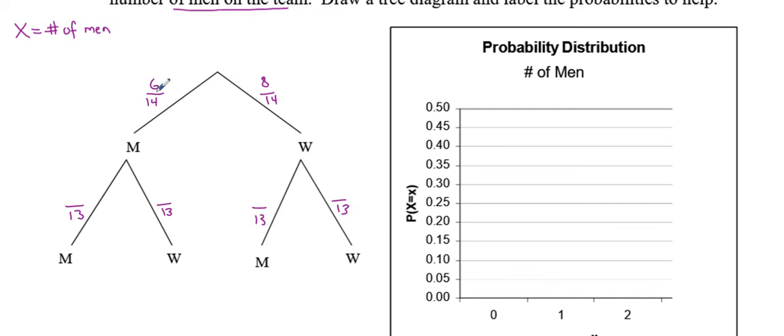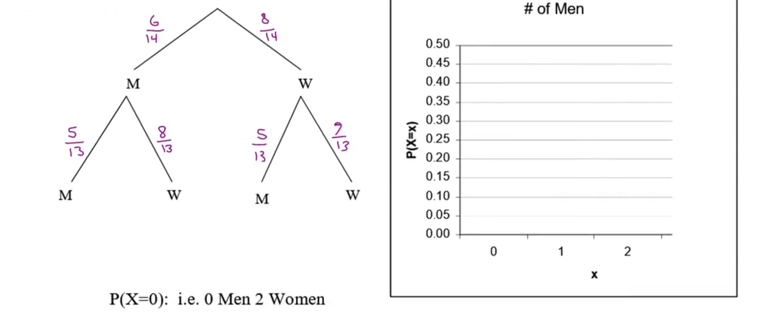And if the first one was a man, now there's only 5 men left, but there's still 8 women. If the first one was a woman, there's only 7 women left, but there are still 5 men. So, for our probability distribution, the probability of no men means we'd have 2 women.